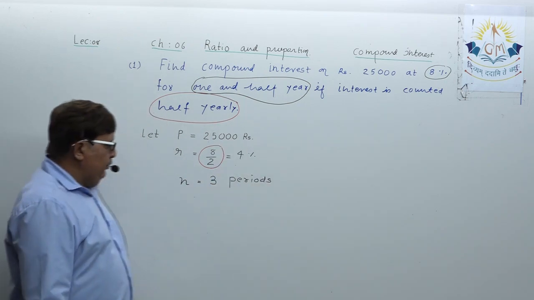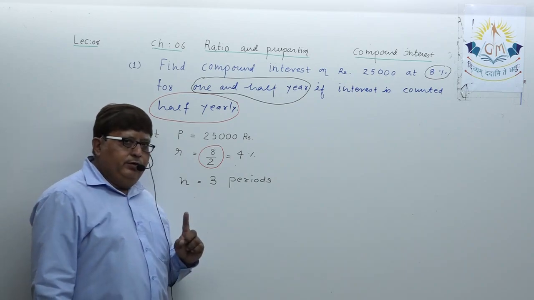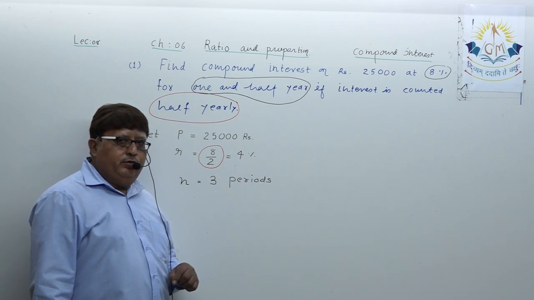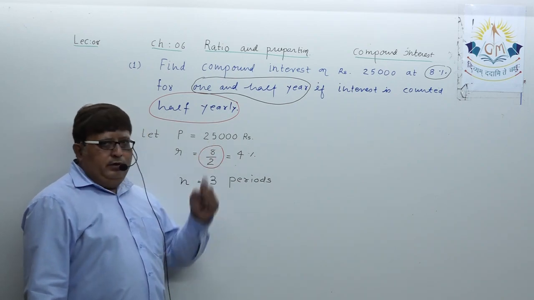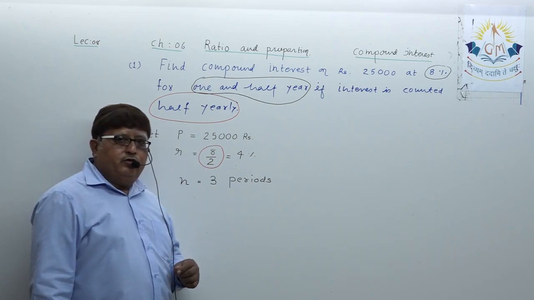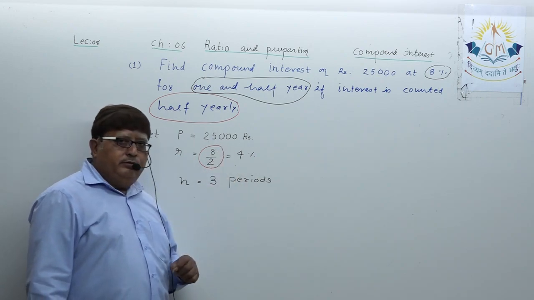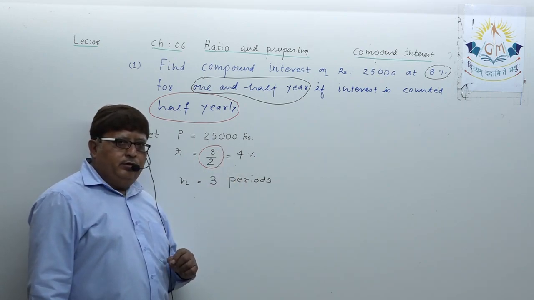First, my dear student, before you solve the example, this needs to be very clear in your mind. Whether interest is to be counted half yearly, annually, or quarterly, no change is going to take place in the principal.